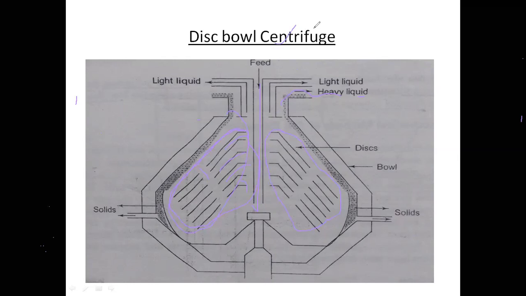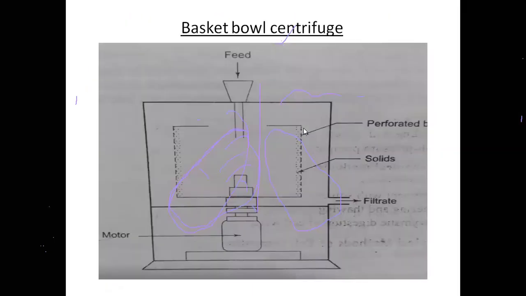Okay. The next one is the basket bowl. This is similar to filtration. Why is it similar to filtration? Here we use a perforated basket, which is similar to the filter cloth that we use in a filtration process.